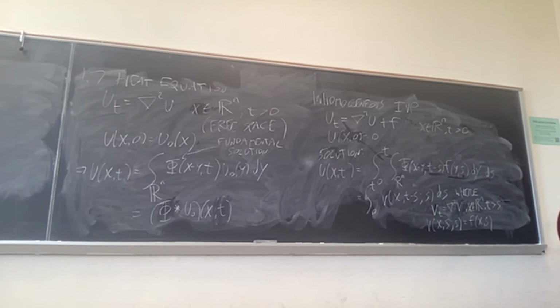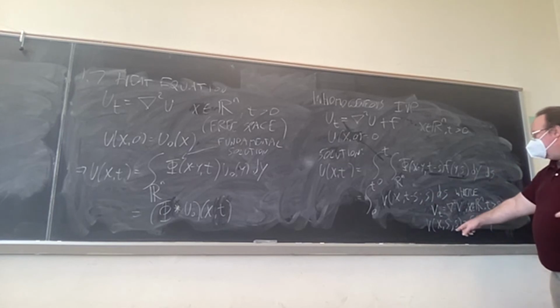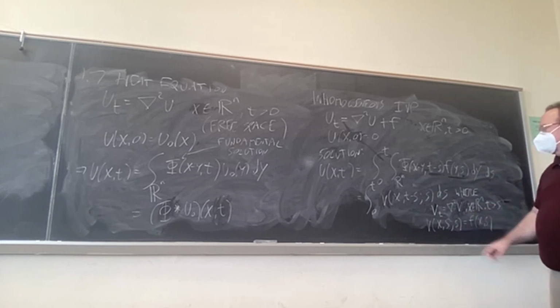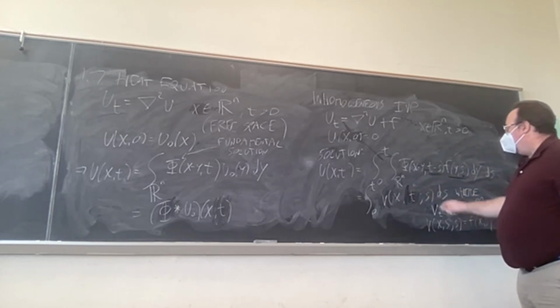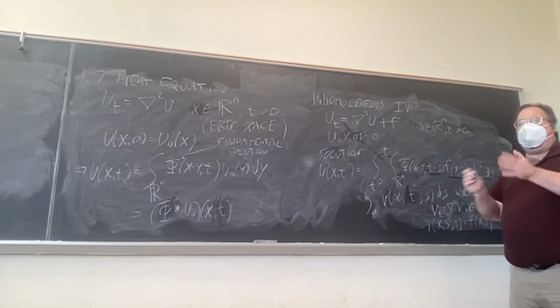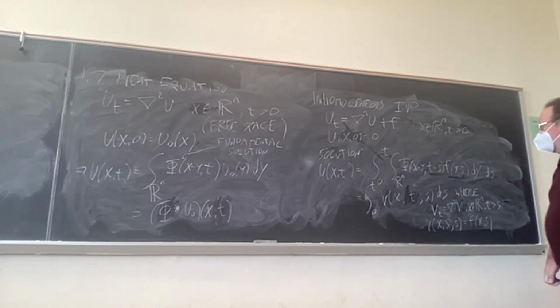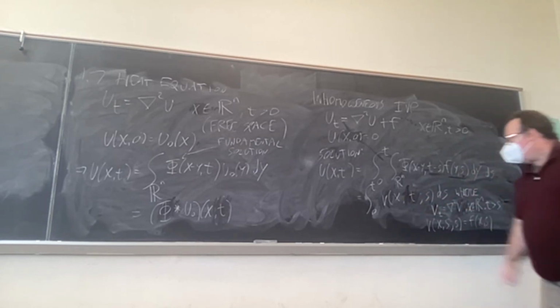Actually, I should be more careful with my notation here. Since I'm starting at time s, here I should just have t. So it's starting from s, ending at t, so the time span is still t minus s.